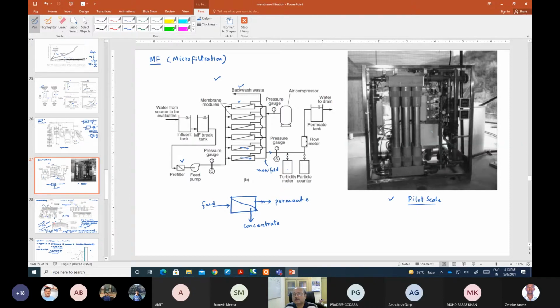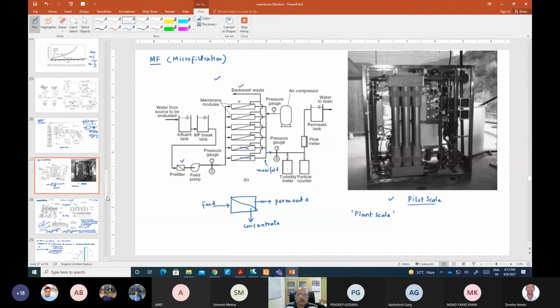In order to fine tune the pressure and the membrane running criteria with the temperature and everything, we try to run this with different parameters, and after we get the optimum running parameters, then the final plant scale engineering is done, and the design is placed in the real life scenario.